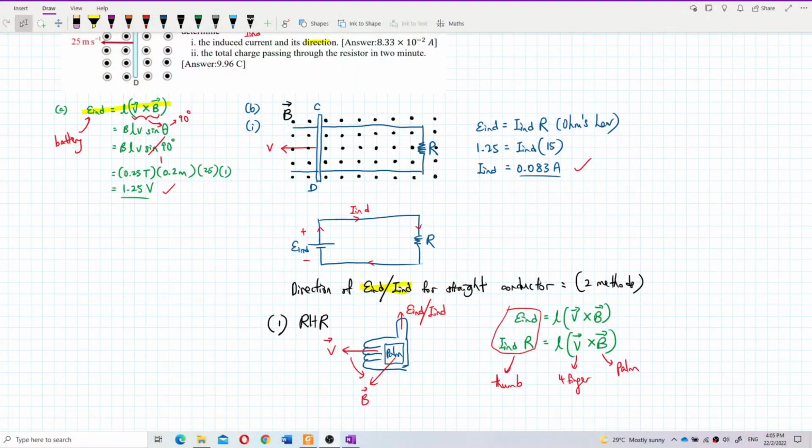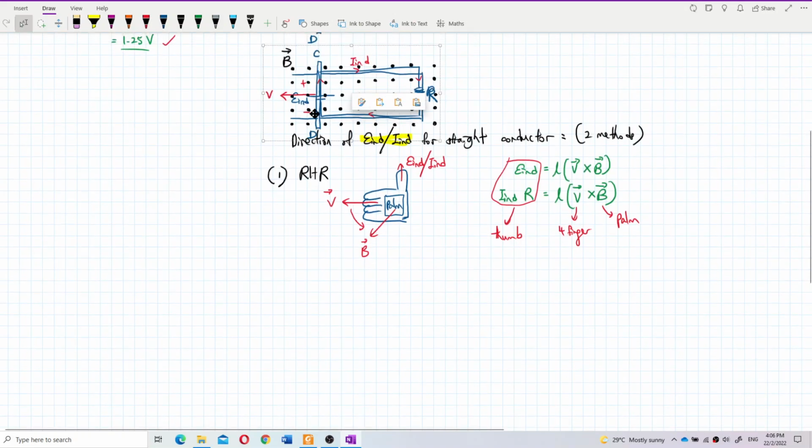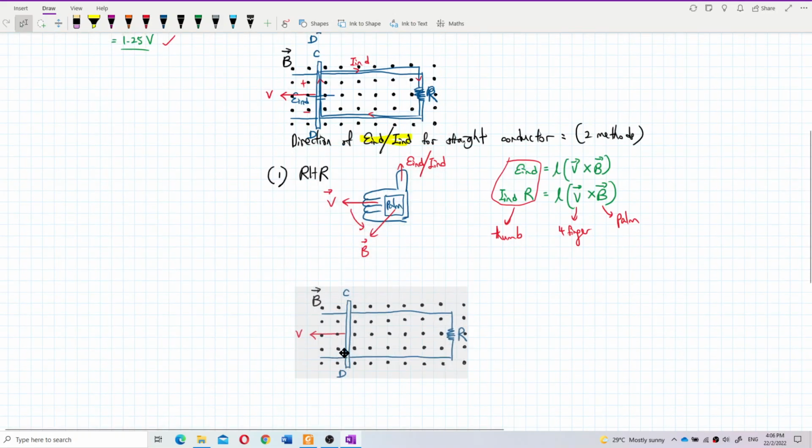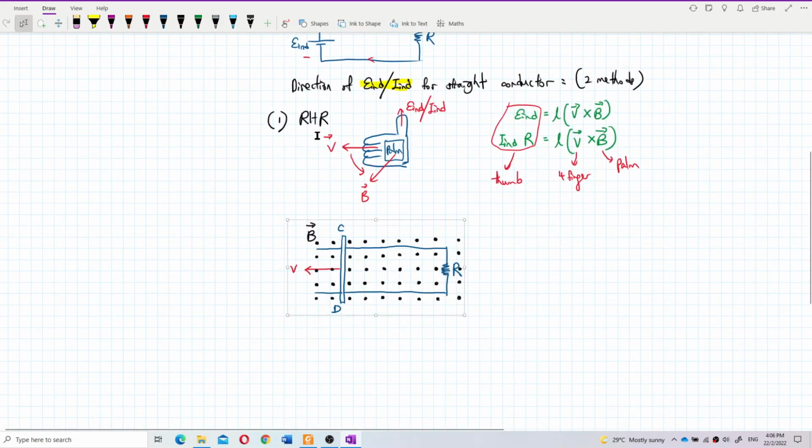All right. So let's go back. Okay, so let me draw it over here. Just now using this right hand rule method, I found out that my induced EMF is actually going up.